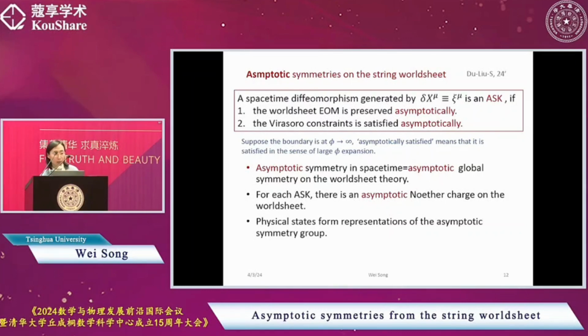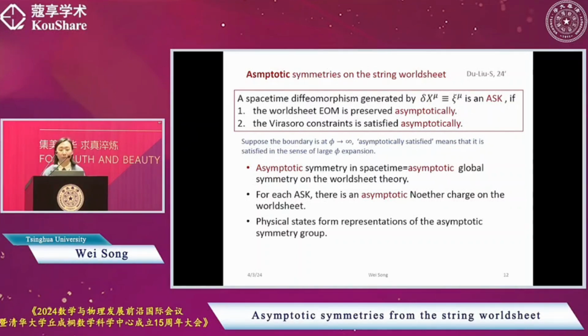In the case of exact symmetry, the equation of motion has to be preserved exactly. But in the case of asymptotic symmetry, the worldsheet equation of motion should be preserved asymptotically. And so should we impose this condition on the Virasoro constraints? By something being preserved or satisfied asymptotically, what do we mean?